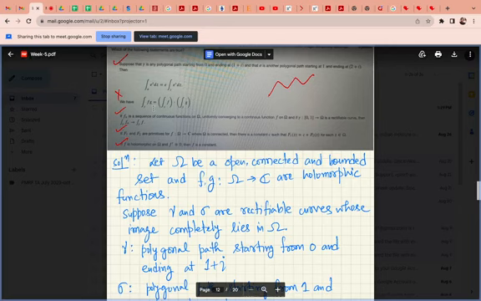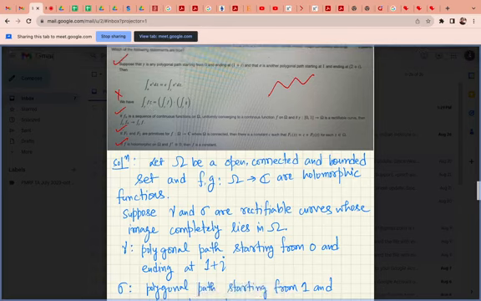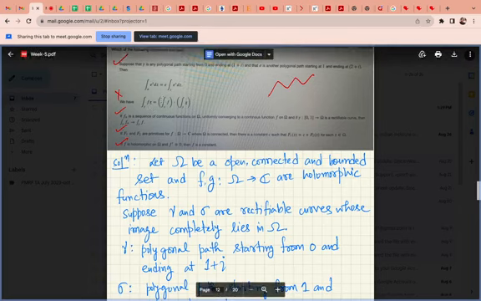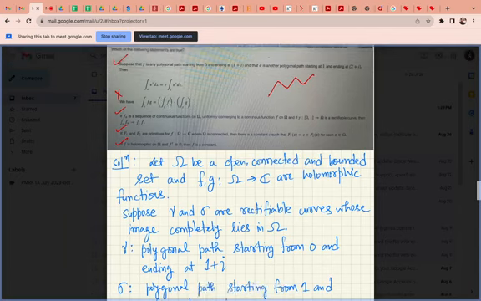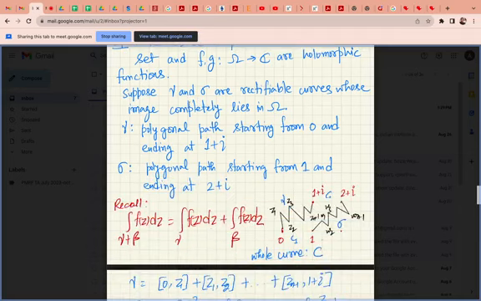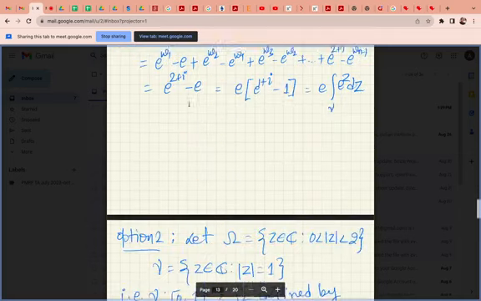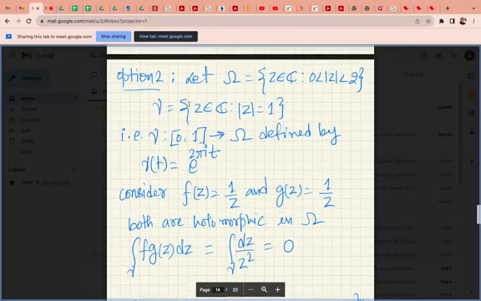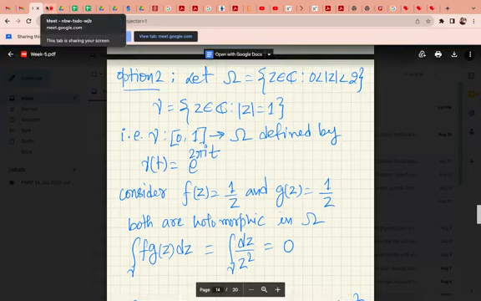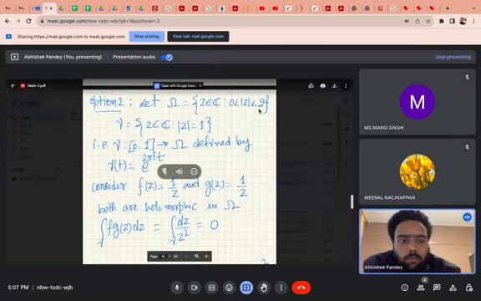Okay. So the integral of f into g over gamma being separated as the integral of f over gamma times the integral of g over gamma is not correct, and we will see this later. Let omega be a domain, 0 to 2, where mod z is greater than 0 and less than 2, and gamma is the unit circle. Consider f(z) equals 1 by z and g(z) equals 1 by z. Both are holomorphic in omega.